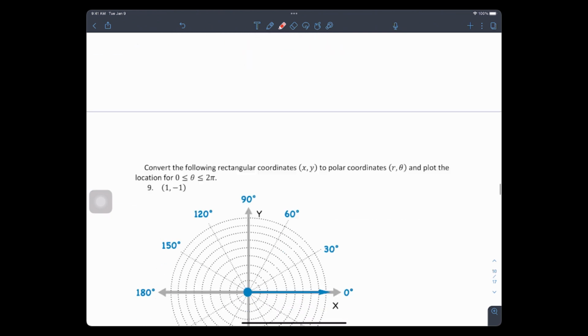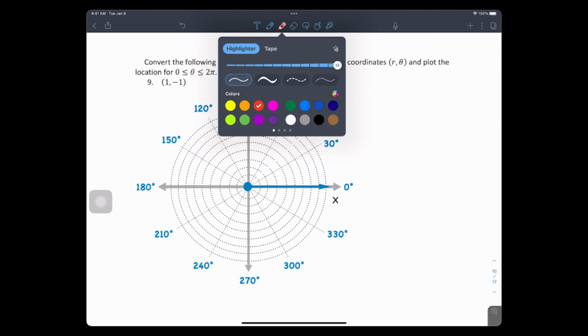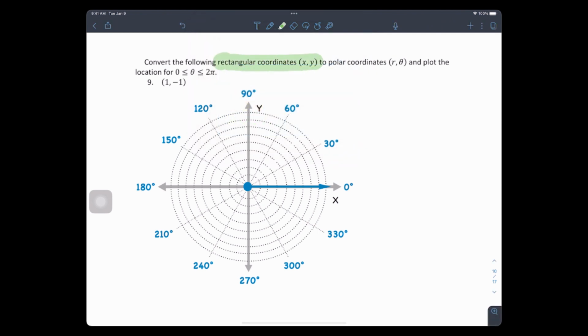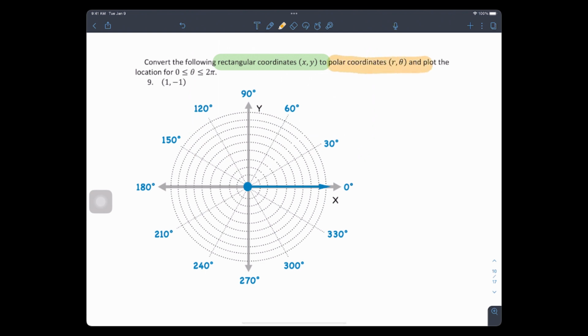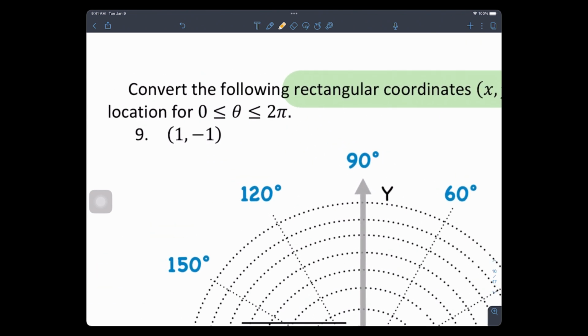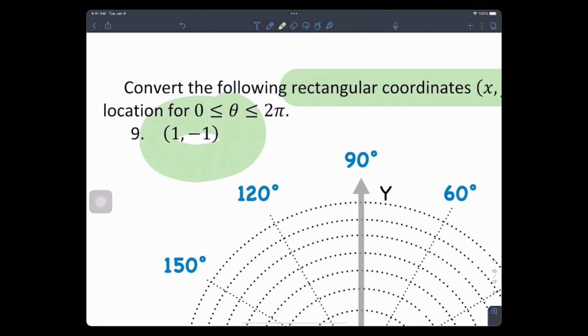However, I think what we want to do is look at the following, right? We're going to try to convert what now? Rectangular to what? To polar. So this is now going to be x and y values.